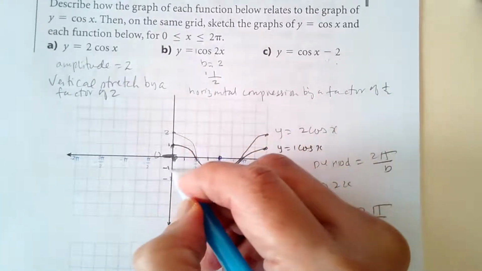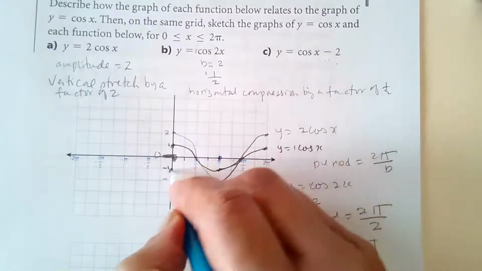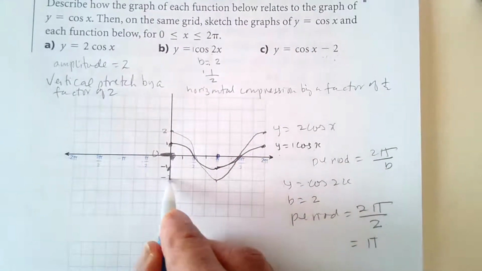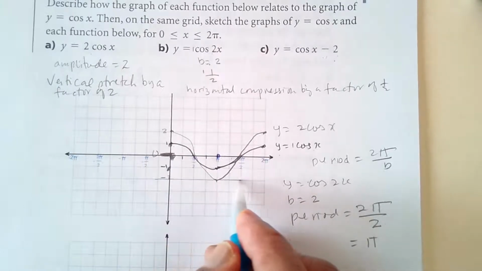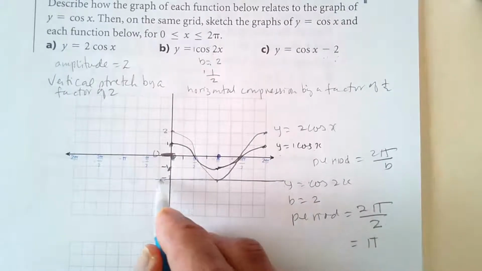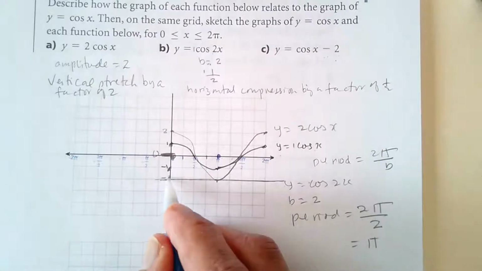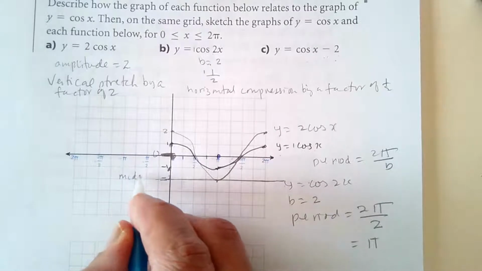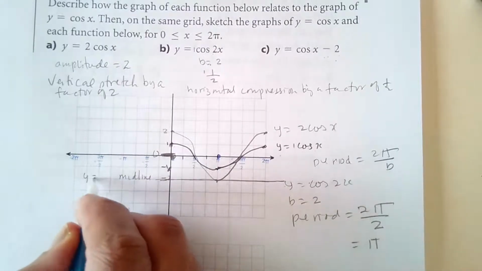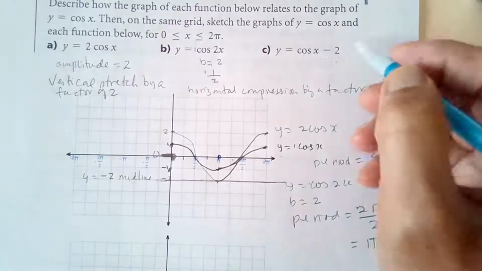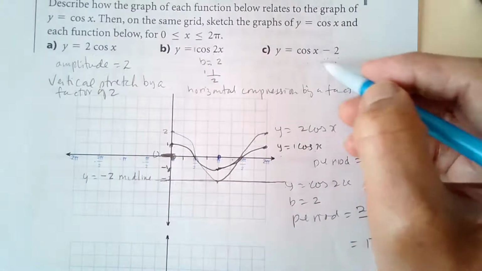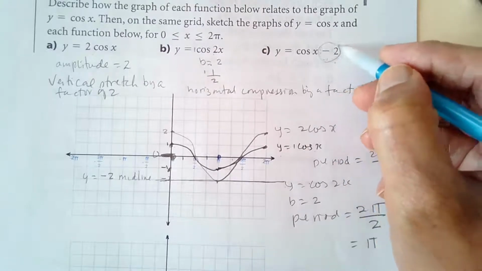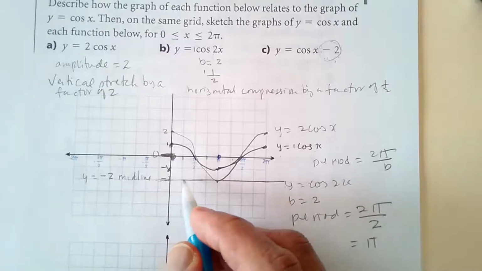So we start from here, here. And so the midline, instead of being here, will be at -2. So now here's my new midline. So here we have -1 and -2. So y is equal to -2 is the midline. Essentially, when you have your translation from the original, this will give you your new midline, which is now -2.